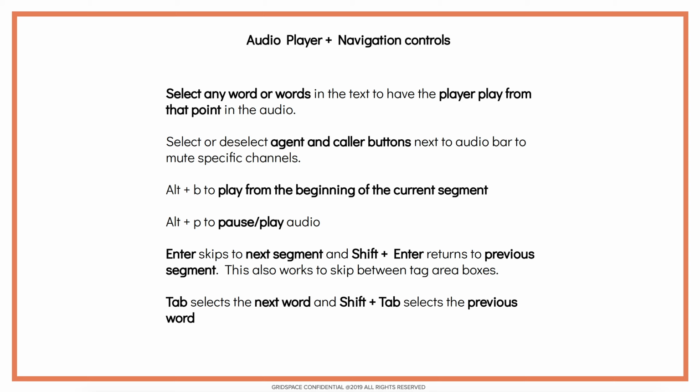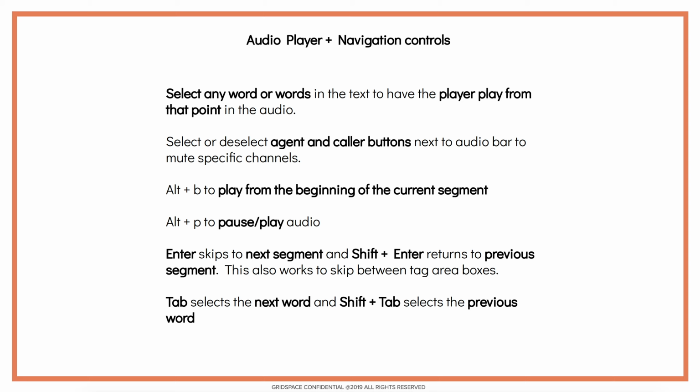We went over some of the navigation controls during the tool tour, but just to recap, you can always select any word in the text and the player will attempt to play all those words. You can select or deselect the agent and caller buttons next to the audio bar in order to mute specific channels. Alt-B plays from the beginning of the current segment, and Alt-P just plays or pauses the audio wherever you're at.